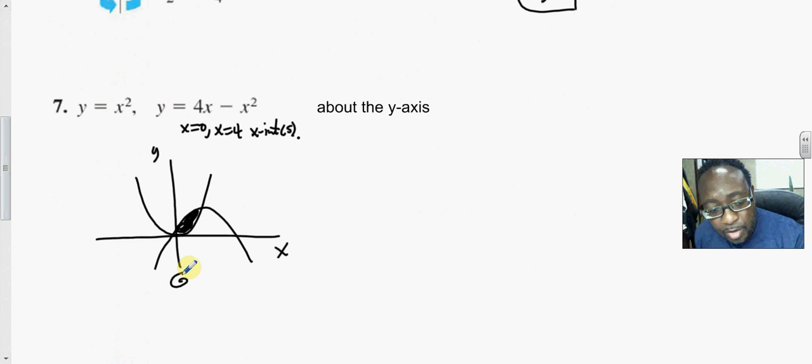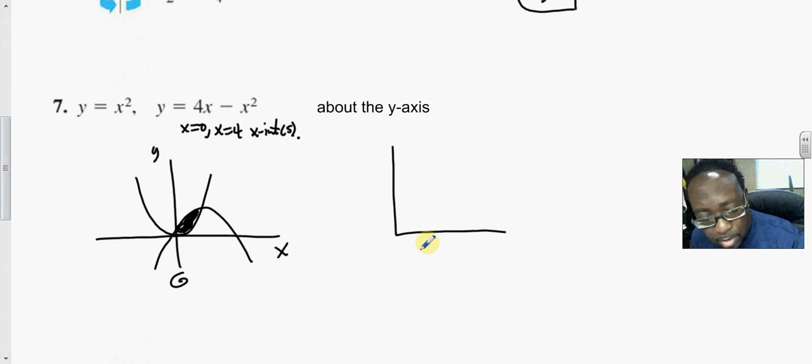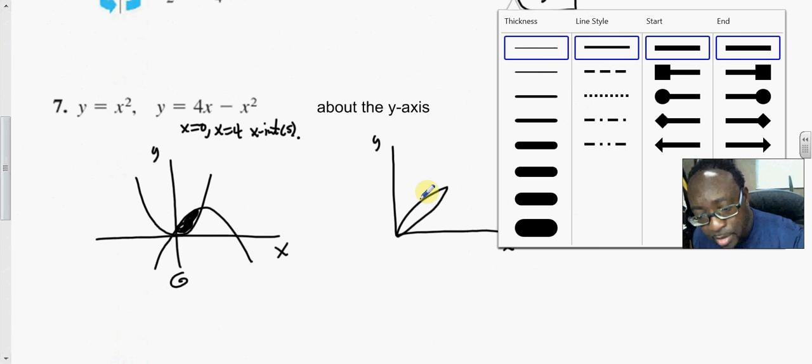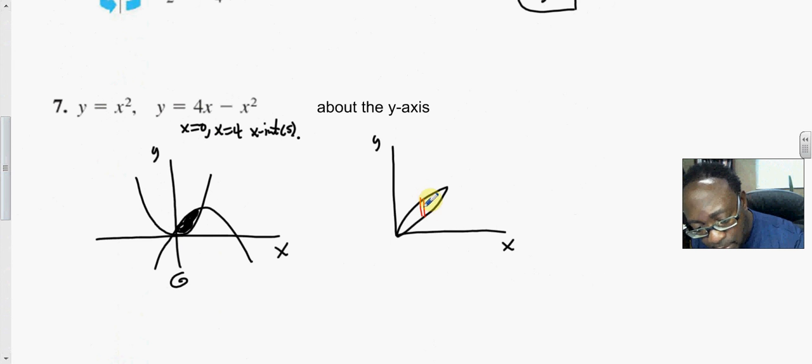So if we come over here and see if we can kind of highlight what we want. If we take a rectangular slice, remember that the radius is parallel to the axis of revolution.